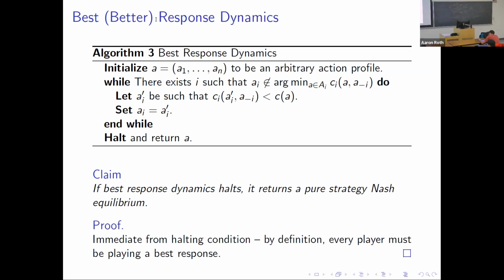Okay, so if we want to show that best response dynamics converges to a Nash equilibrium, which in particular will prove there exist pure strategy Nash equilibria, it's sufficient to argue that this algorithm halts. If it halts, it halts at a Nash equilibrium.